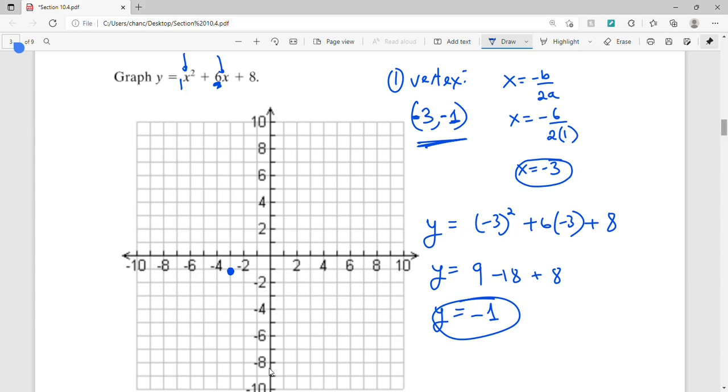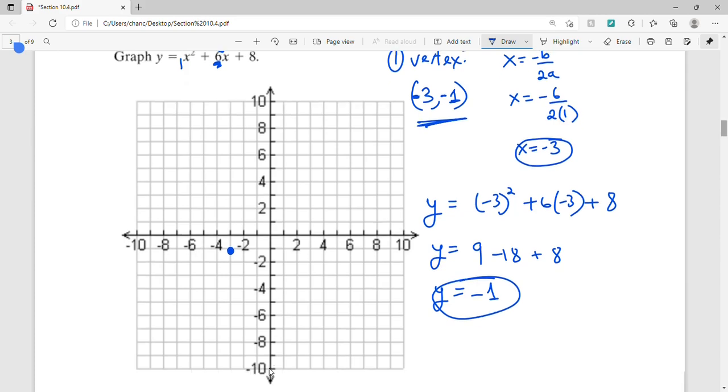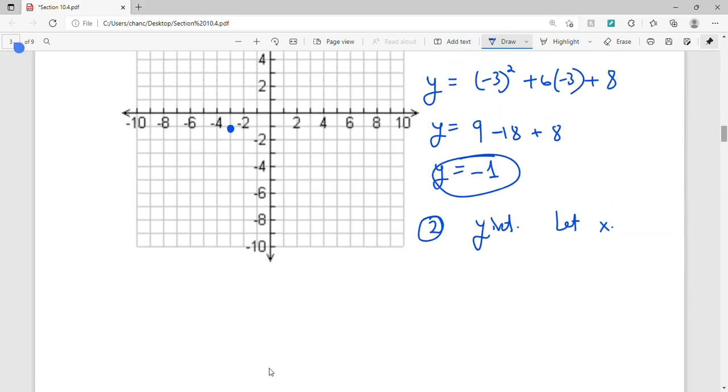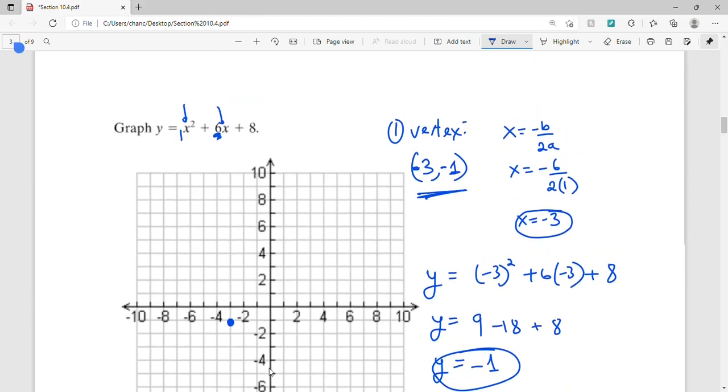The second mission that we need to do is to find the y-intercept. To find the y-intercept, you let x be equal to 0 in the original equation. So we'll substitute a 0 for x in the original equation.